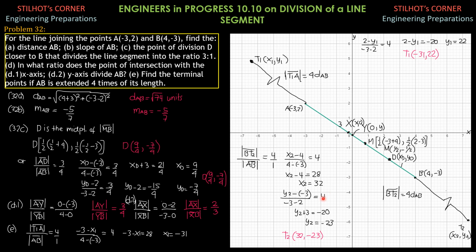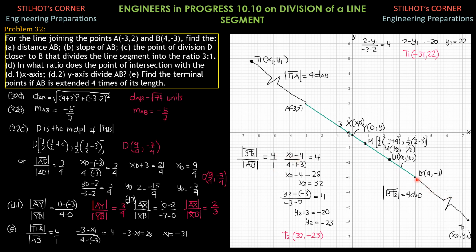Then likewise for terminal point T2, distance B to T2 is also 4 times AB. Therefore, the ratio of BT2 to AB is again 4 as to 1, which is 4.